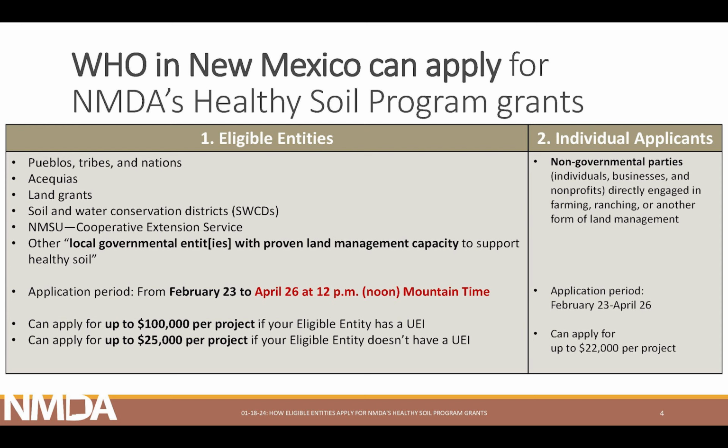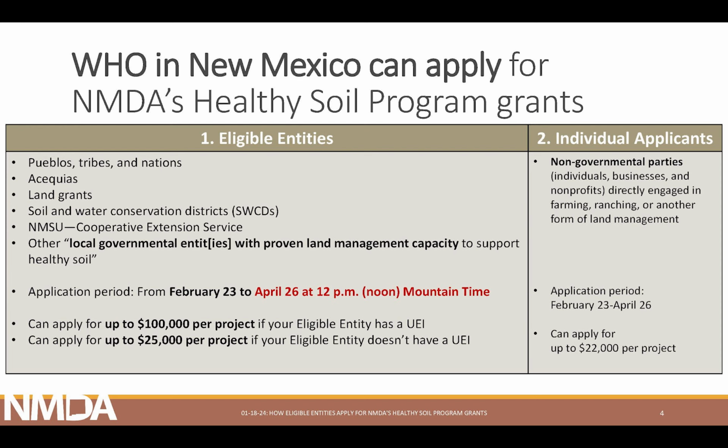So again, we're gathered here this morning talking with eligible entities, those local governmental entities that manage land in some sort of way. They own it or they partner with other land managers within their jurisdiction to carry out good natural resource improvement projects. Regardless of your applicant type, we've got the same 2-month window to cast an application for NMDA's Healthy Soil Program grants.